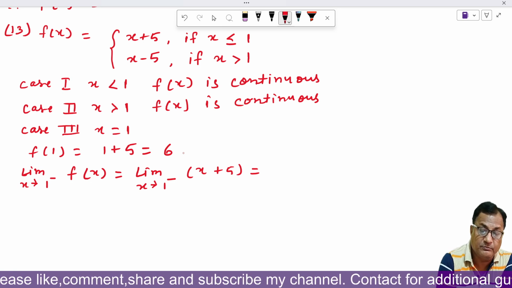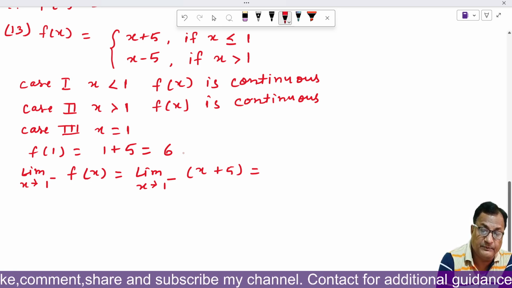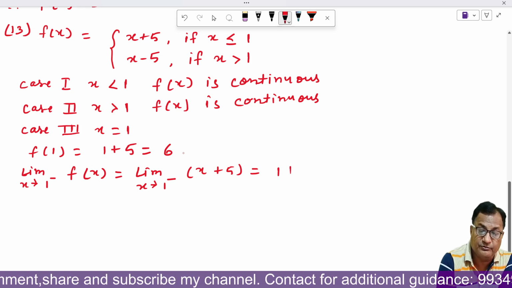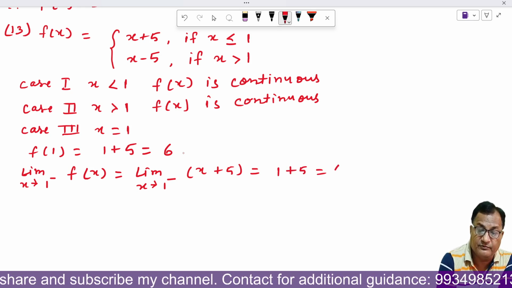If we put value 1, this will be 1 plus 5 is equal to 6.